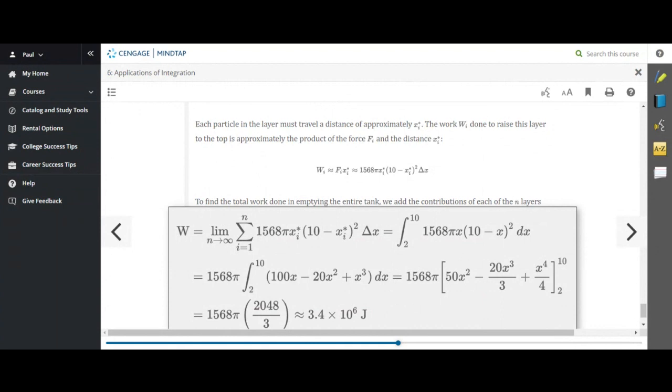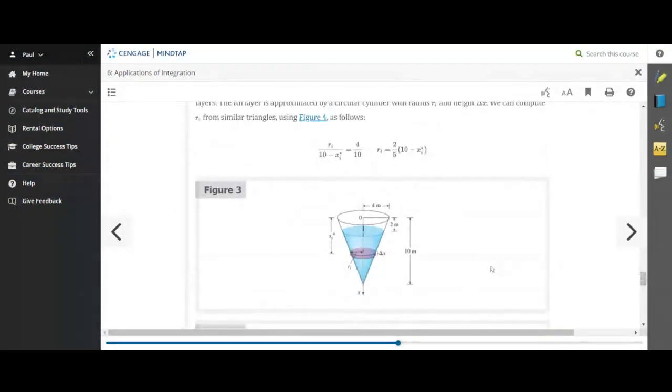The limits are 2 to 10 because the layer of water at the very bottom of the tank needs to be brought up 10 meters, and the top layer of water is 2 feet from the top of the tank, so that only needs to be brought up 2 feet.